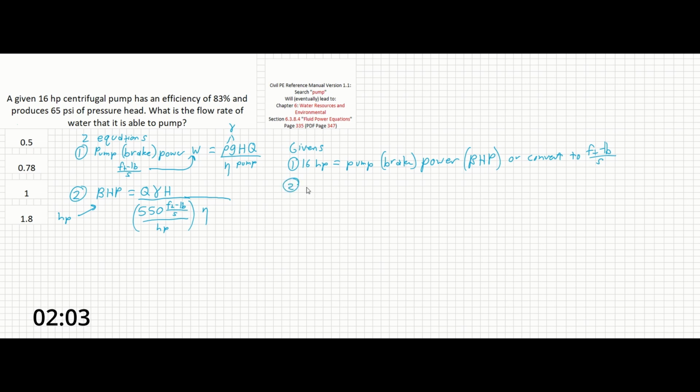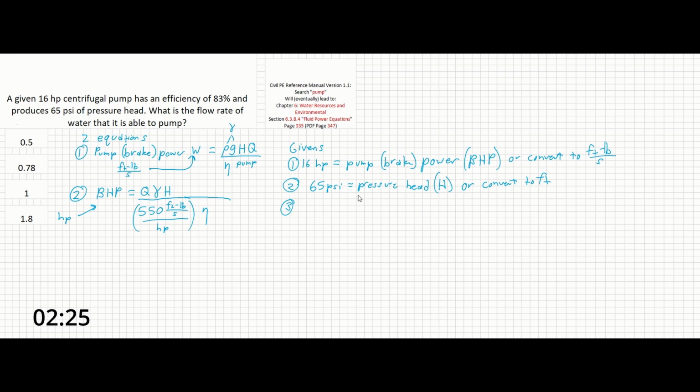Next, we have our pressure head given as 65 psi. This is our H term, or we could convert it to feet.